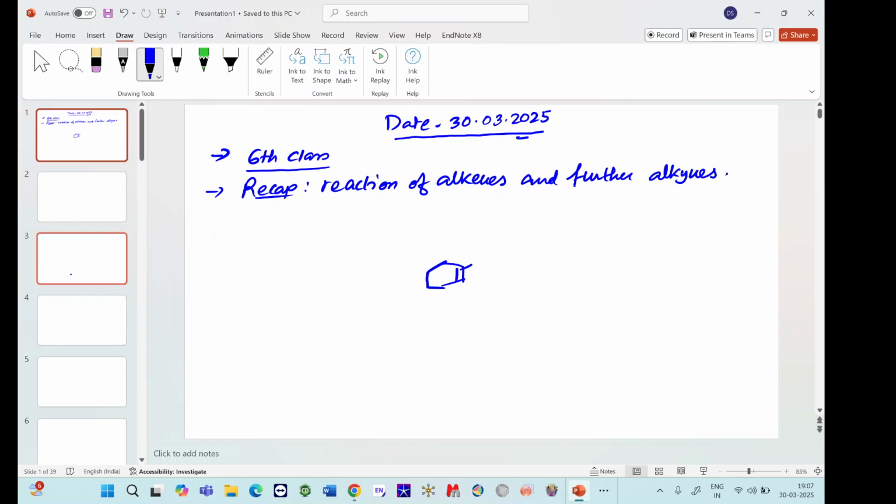So what we have studied till now is, suppose this is an alkene, and how it can react with different reactants, particularly in addition reactions.